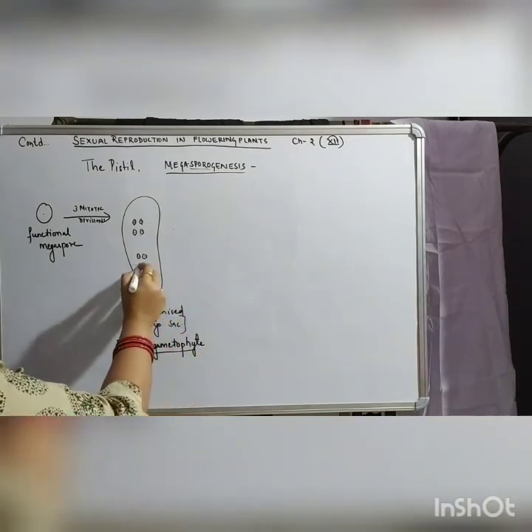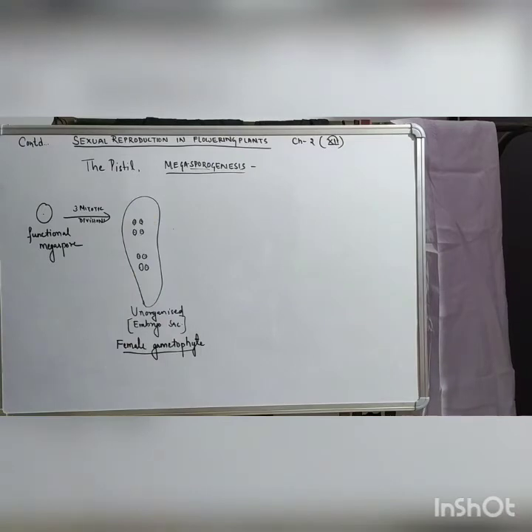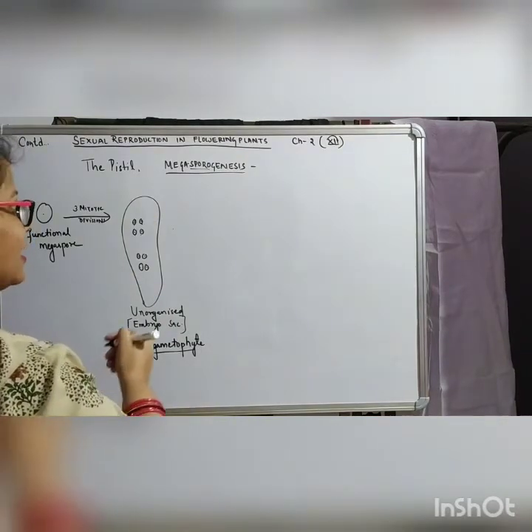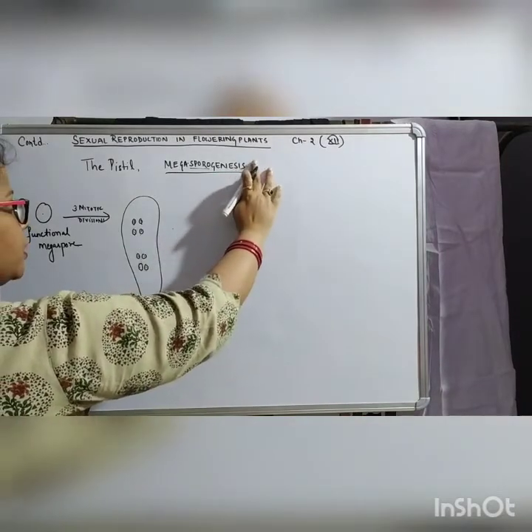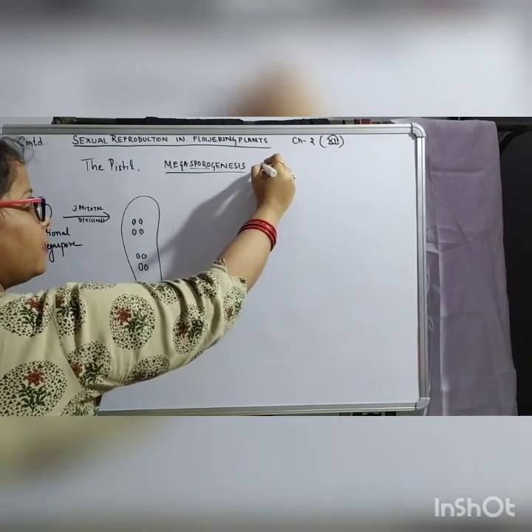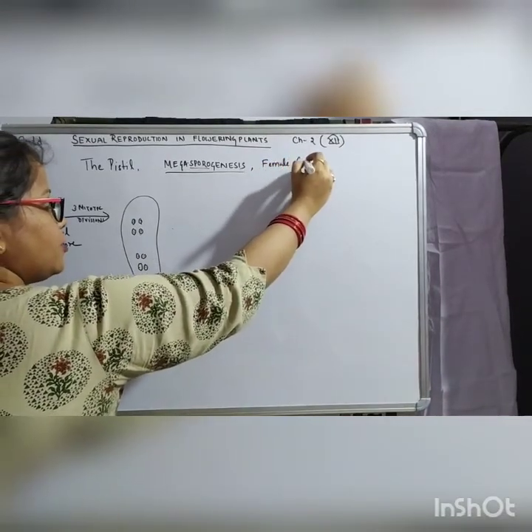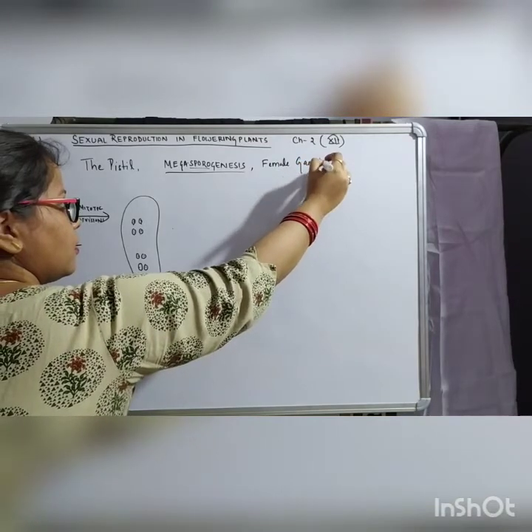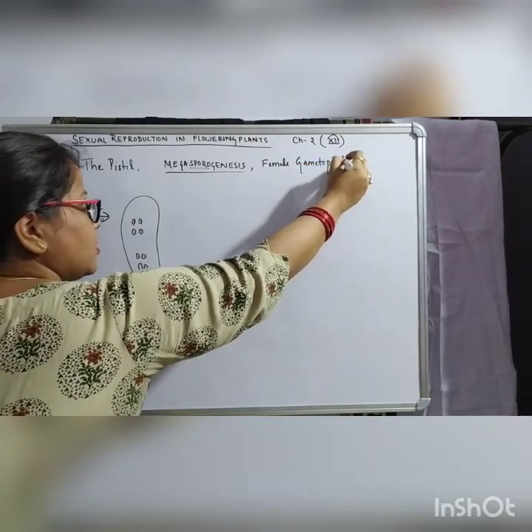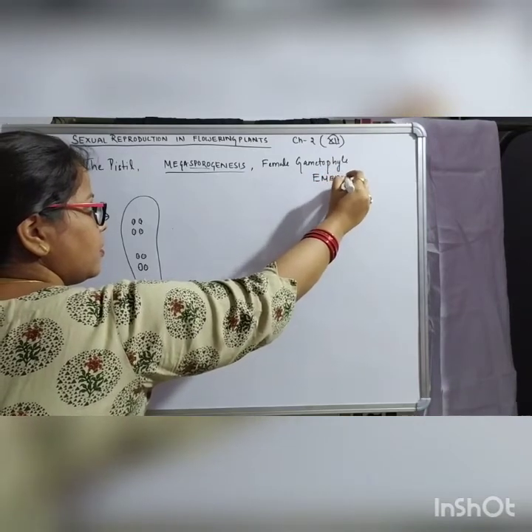Let's see. We are heading towards the last part of this topic, that is the pistil, megasporogenesis and female gametophyte. What is it? It's the embryo sac.